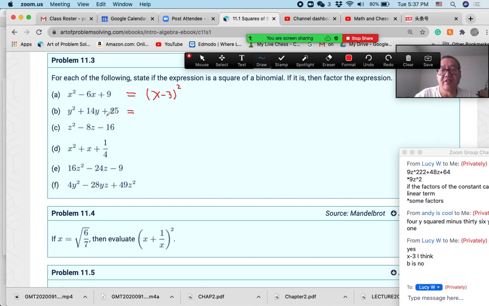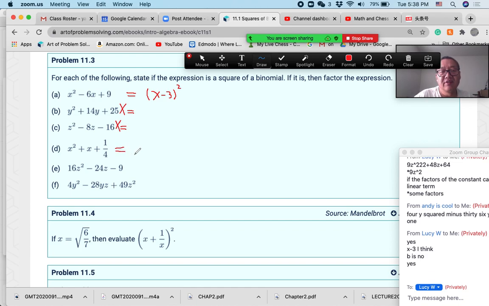Now let's move to B. Is this one a square of a binomial? Right, this one is no. You cannot write this one as a square of a binomial. Okay, now let's move to C. Can you write this one as a square of a binomial? C. Okay, this one, the answer is also no. Okay, how about this one?